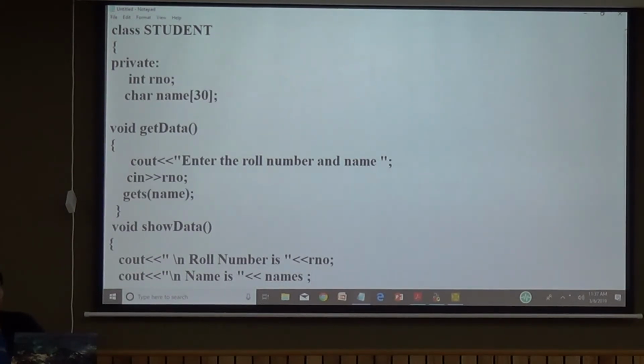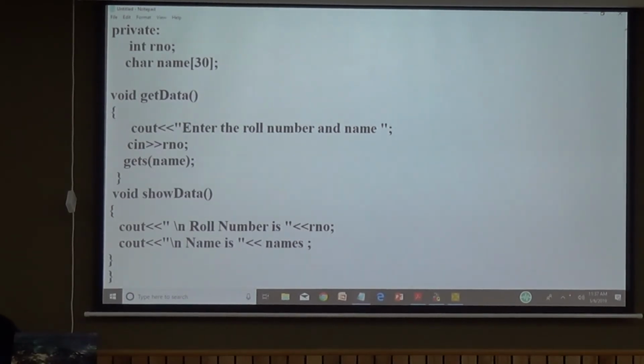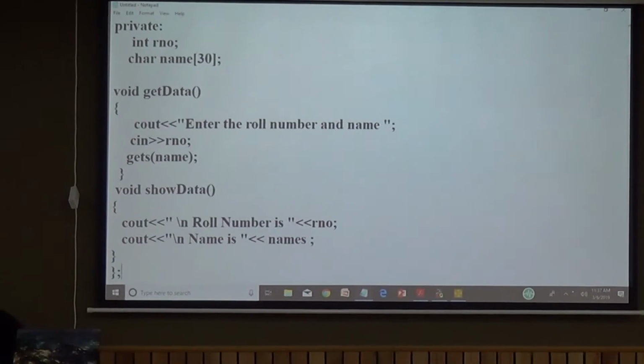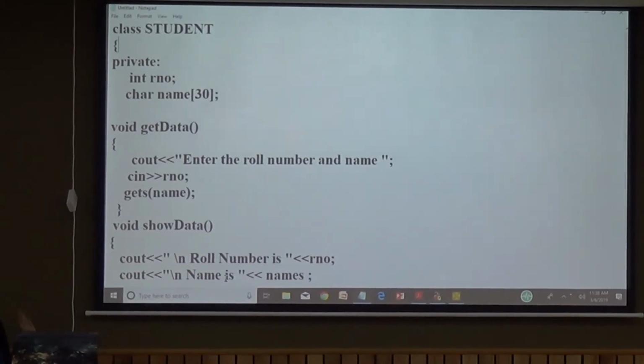The definition of show is also complete. After completing the definition of function show, I will close the braces. After this, I do not want to declare or define any other functions inside this class, so I want to close the definition of the class. How do you end the definition of a class? You put closing braces and a semicolon. The definition of a class always ends with a semicolon. You close the braces that you opened while defining the class, the top one, right? So it has been closed because the class definition has ended.